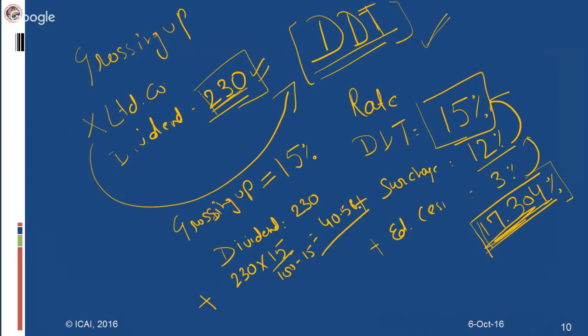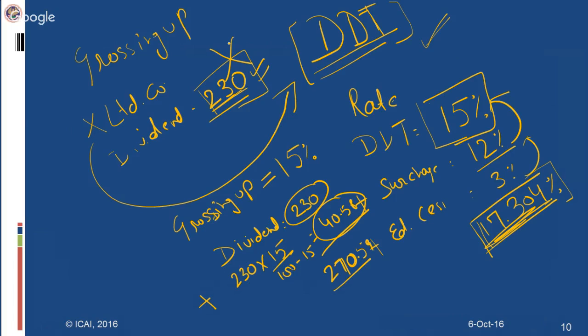That means for the purpose of calculation of the tax on the dividend, the amount we will use is 230 plus 40.58, which will come to 270.59. You have to calculate tax on 270 amount rather than on 230.